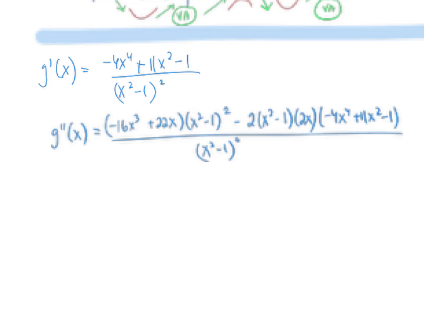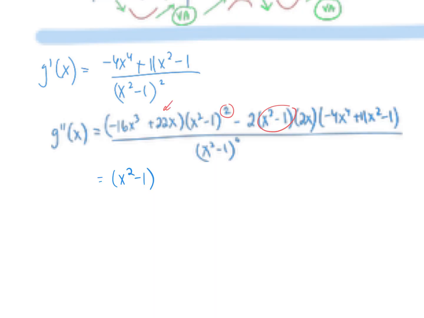So now I do see a common denominator on top. I see x squared minus 1. There's 2 of them here, 1 of them here. So I'll be left with the negative 16x cubed plus, oh, actually, I can factor out more than that.